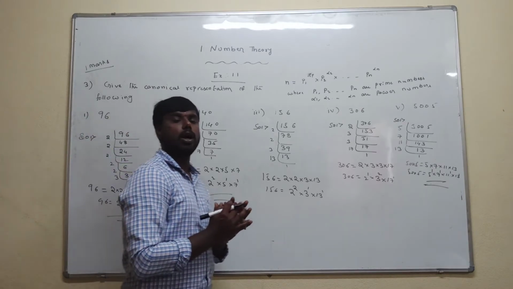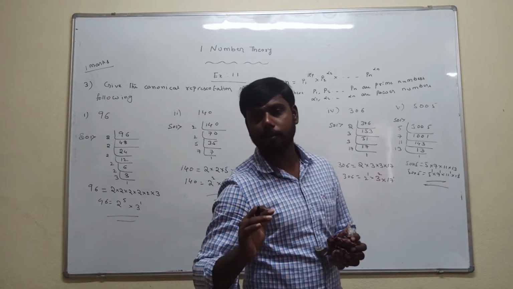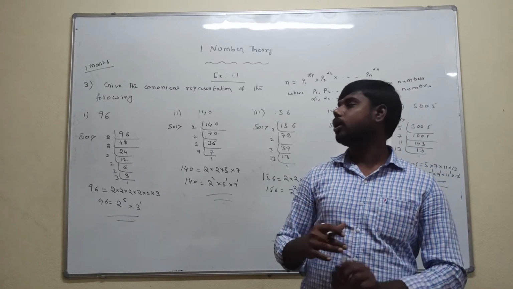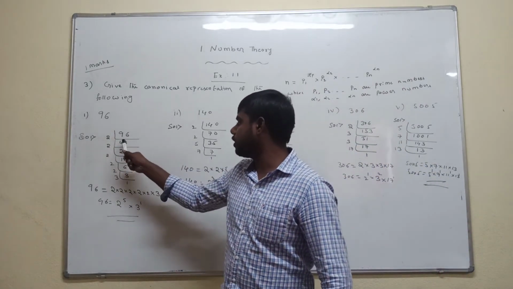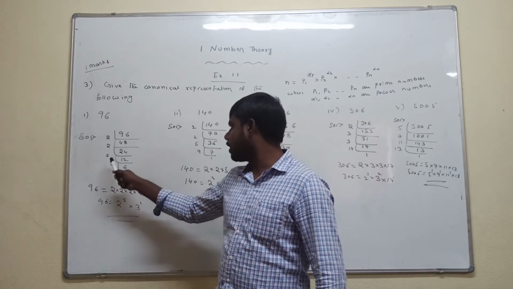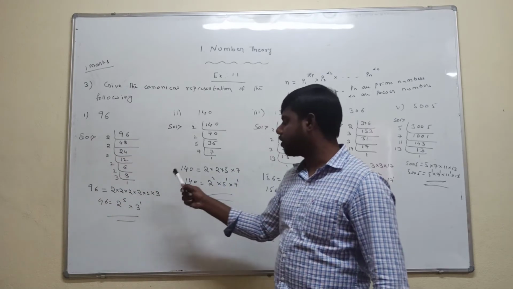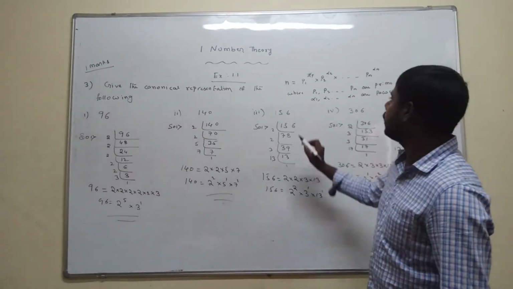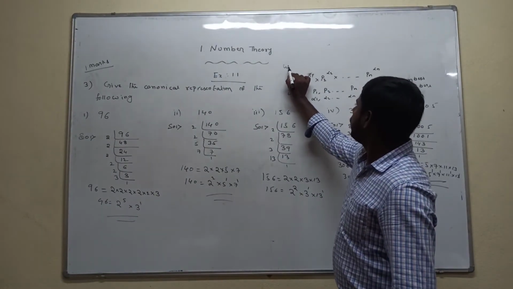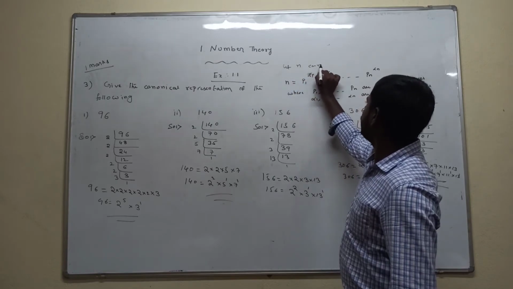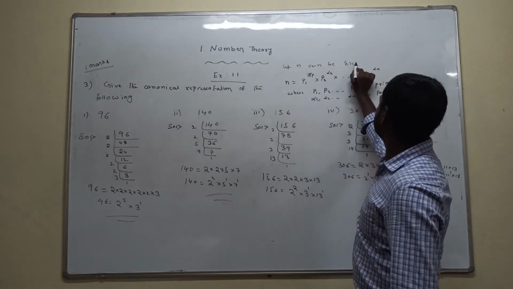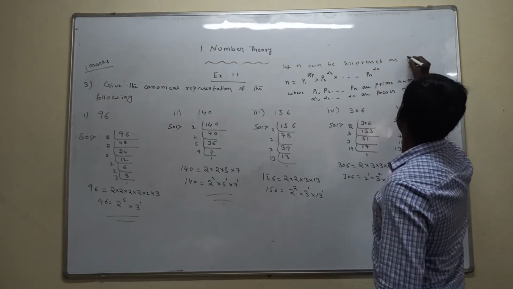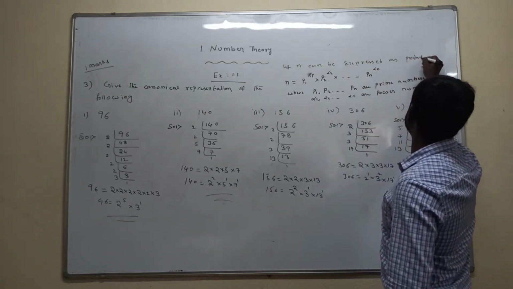How do we find the canonical representation of a given number? By using the division method, finally we can write the given number as a product of prime numbers. Observe here, what is the canonical representation? Let n be expressed as a product of prime numbers.